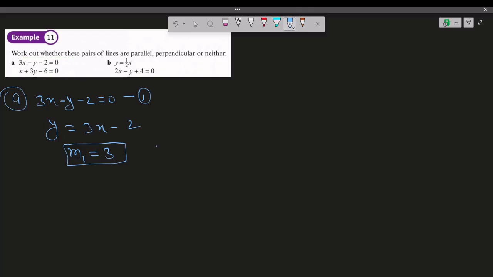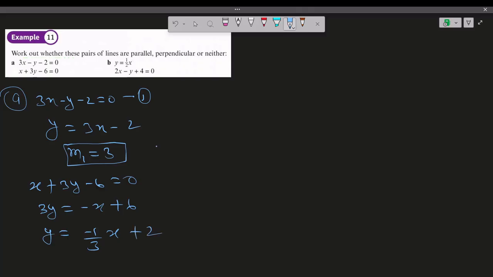Let us find the gradient of line 2. This is x plus 3y minus 6 equals 0. So 3y is minus x plus 6, and 3 will go in the division and you can separate it. So it will be y equals minus 1 by 3 x plus 2.